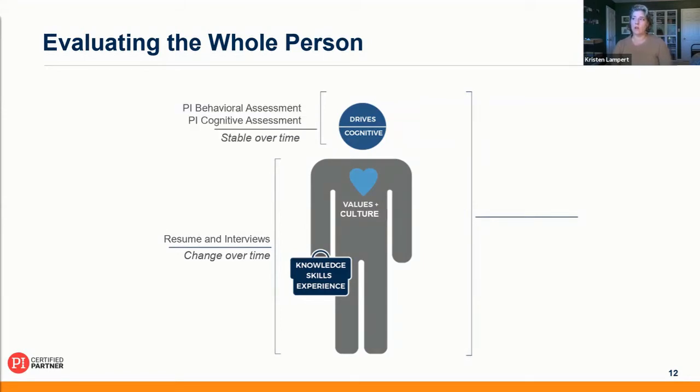The other thing we do know as well is that there's a stability part of how people show up. And that stability can come through understanding their cognitive abilities as well as their behavioral assessments. And those tools tend to be more stable over time. So they're not environmentally driven, but they're really helpful to understand both the cognitive and the drives that people show up with every day.